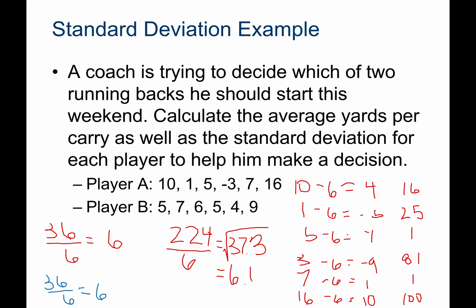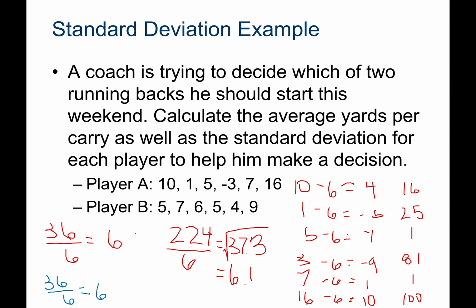So that is my standard deviation for player 1, 6.1 yards. What that means is that on any given carry, you can expect that player to go about 6 yards from the average. So if my average is 6, on most carries, my player would have between 0 and 12 yards. There's exceptions to that, but that's a good predictor.